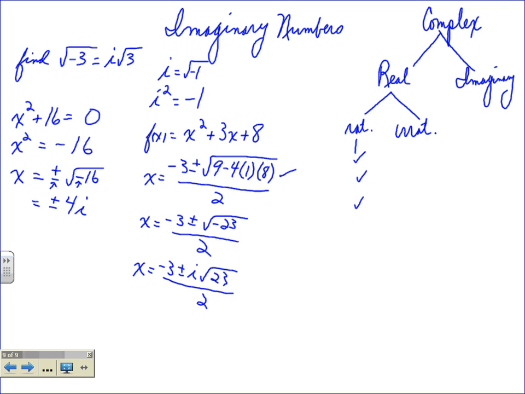Those are the zeros. If you were to plug -3 plus i square root of 23 over 2 into this equation, it will equal 0. And if I put -3 minus i square root of 23 over 2 in this equation for x, this equation will equal 0.